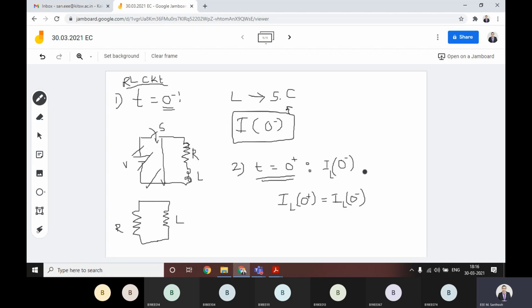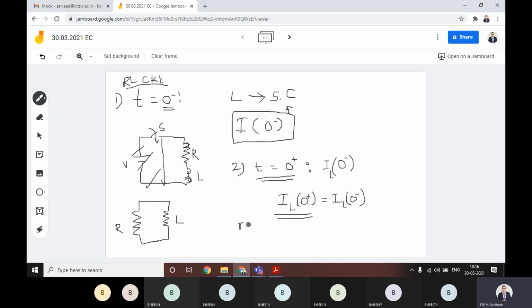For that reason, the 0 plus value is also equal to the 0 minus value. As both are equal, you can replace this inductor directly with a current source. You have the current source now, right? You know already, using the substitution theorem, if you have the current value, you can directly replace this inductor with a current source equal to IL of 0 plus.